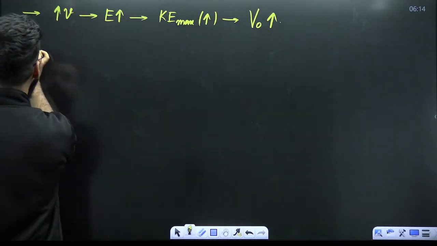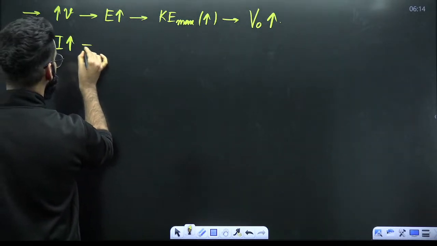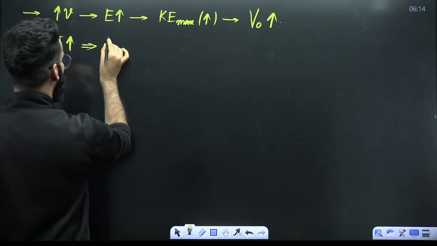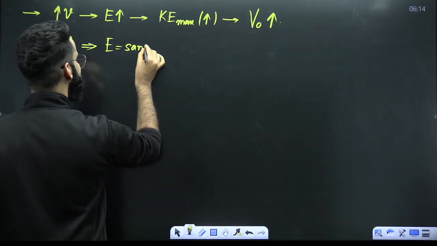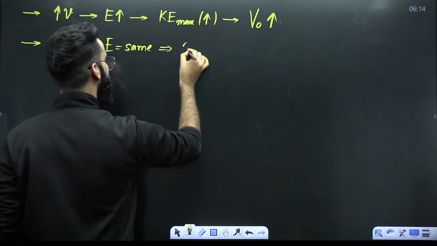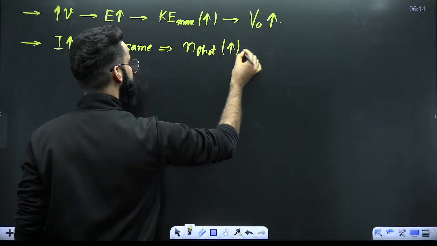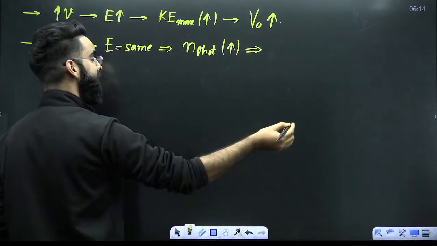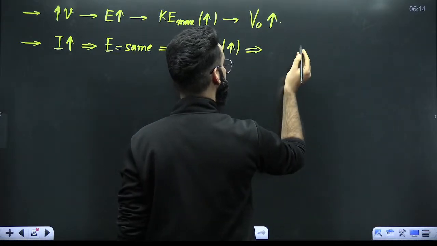Point number two. When you increase the intensity of the light, what will happen to the energy of the photons? It remains the same. Energy of the photons remains the same. But the number of photons incident on the surface will increase. Since one photon is enough to take out one electron, if more photons are incident, more electrons will be emitted.